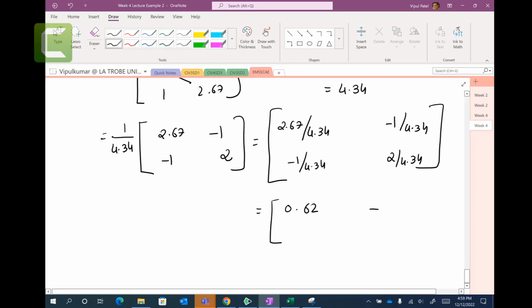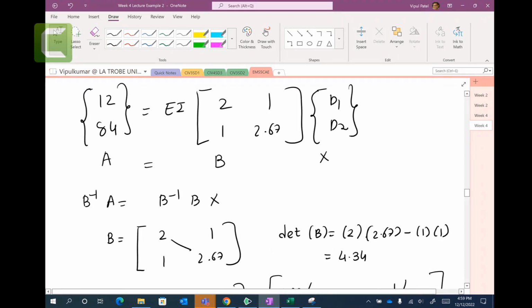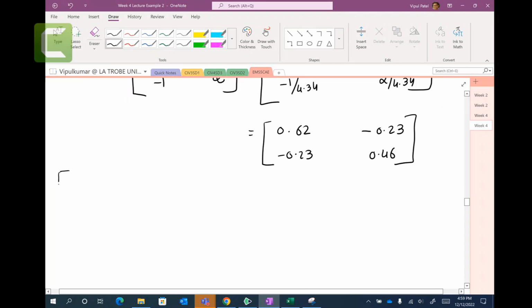You get 1 divided by 4.34, you get minus 0.23, minus 0.23. 2 divided by 4.34, you get 0.46. Right, so we can substitute the value: B inverse is 0.62, minus 0.23, minus 0.23, 0.46. That is your B inverse.